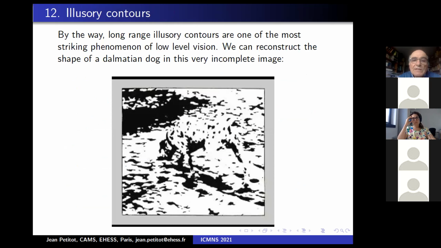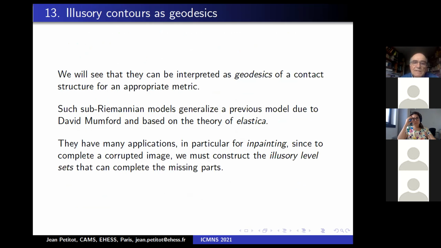By the way, long-range illusory contours are one of the most striking phenomena of low-level vision. For instance, we can reconstruct the shape of the well-known example of a Dalmatian dog in this very incomplete image. And we will see that they can be interpreted as geodesics of a contact structure for an appropriate metric. And such sub-Riemannian models generalize the previous model due to David Mumford and based on the theory of elastica.